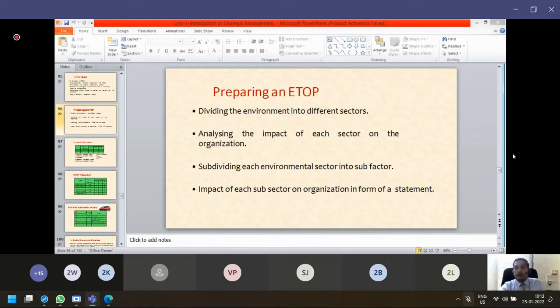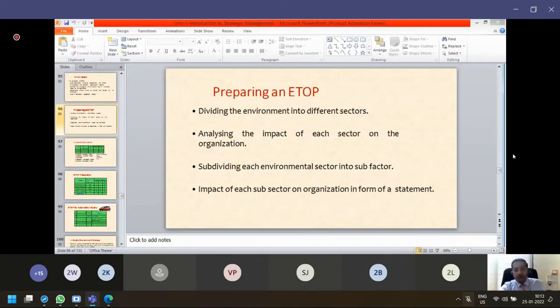So under social factor, whatever factors come, sub factors, that we will formulate in the form of a statement, and we will then try to find out its impact on the company's operation based on the experience and judgment of those managers who are involved in preparing this ETOP. So these are four main steps with which we can prepare this ETOP for a company.